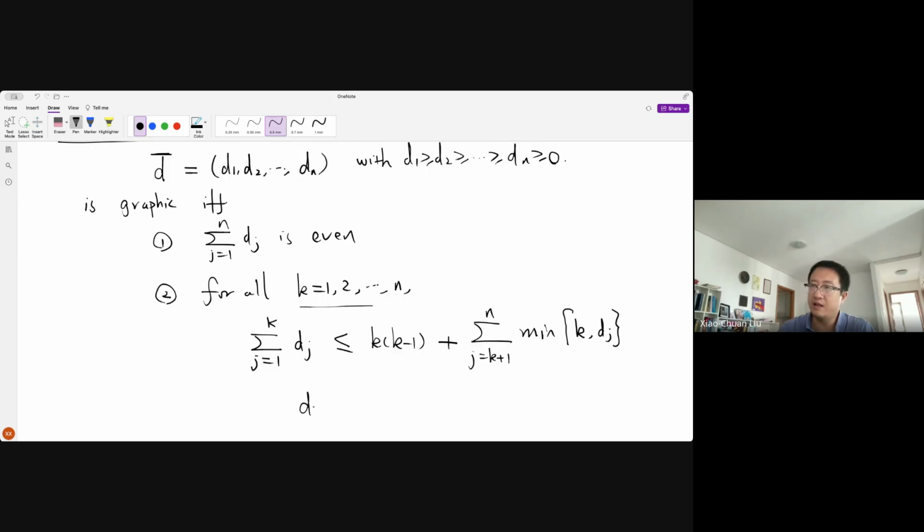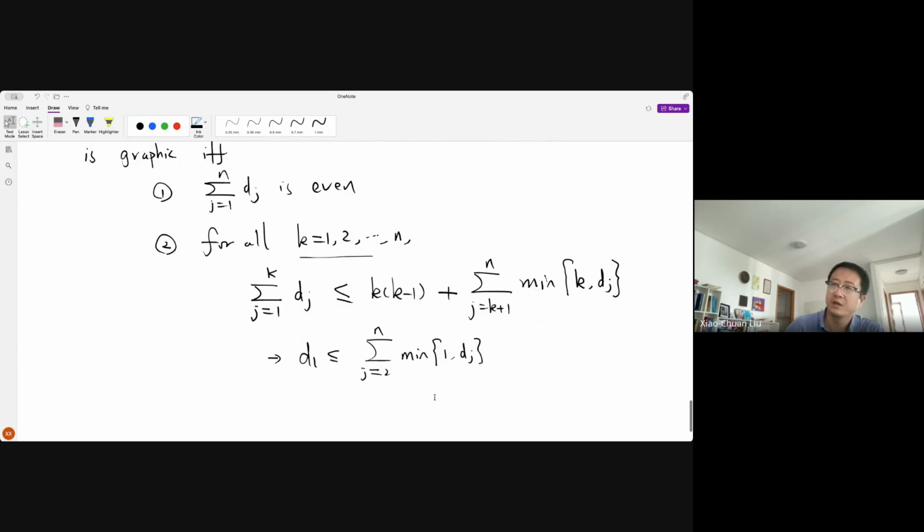So in particular, d1 has to be smaller or equal than, because k equals 1, you have 1 times 0, which is 0, plus the sum over j from 2 to n of the minimum of 1 and dj. And d1 plus d2 has to be smaller or equal than 2 times 1, which gives you 2, plus the sum over j from 3 to n of the minimum of 2 and dj.